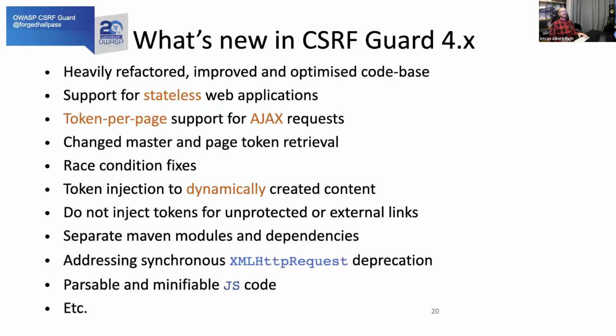And also, there were some changes with regards to asynchronous AJAX request deprecation. The JS code has been changed to be parsable and minifiable, and so on and so forth. Actually, you can check the release notes on GitHub.